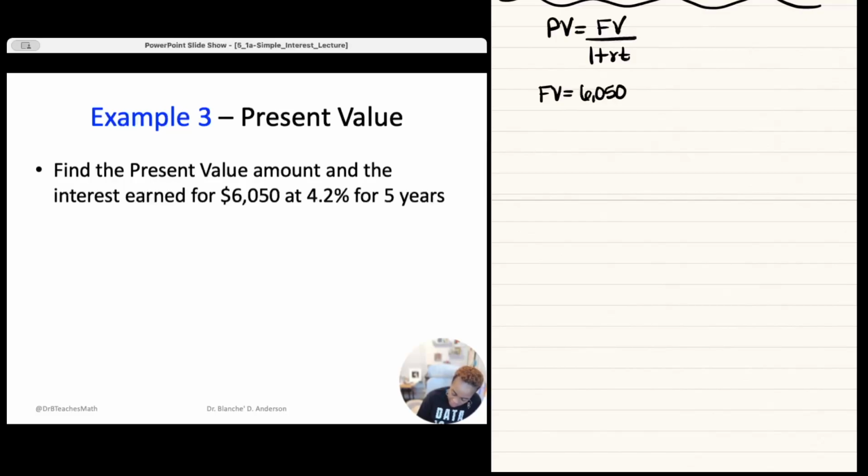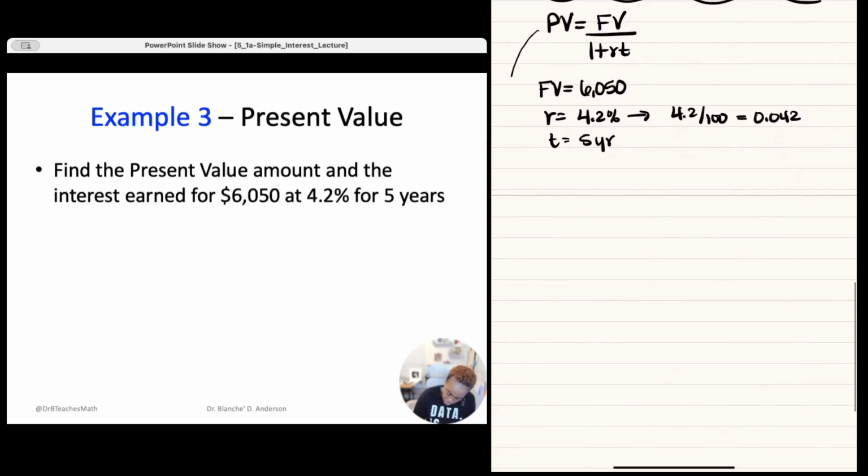$6,050, right? Our rate, 4.2%. But remember, take 4.2 divided by 100. You should get 0.042. And our time is 5 years. Good. So it's already in years. So let's plug and chug.